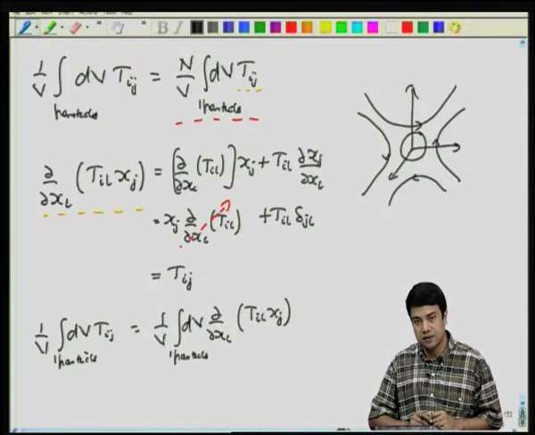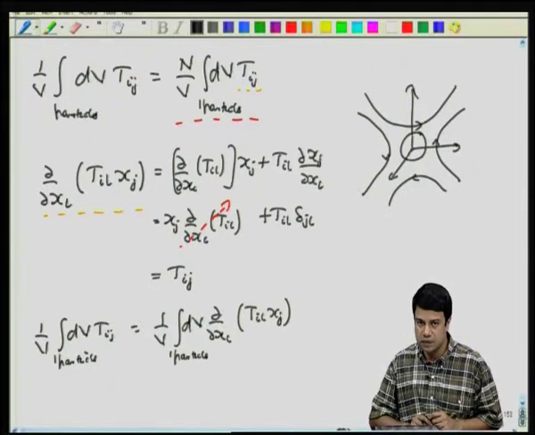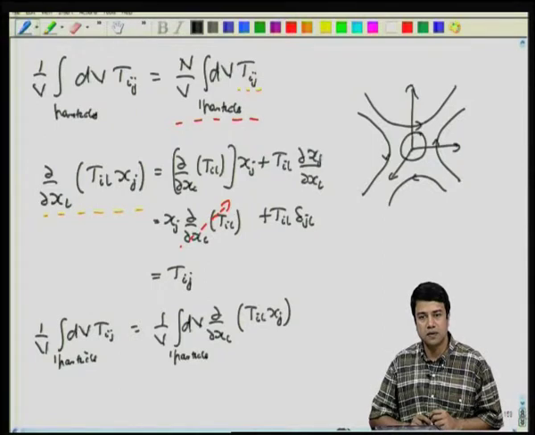Now, this divergence of something integrated over a volume is equal to that dotted with the unit normal integrated over the surface, divergence theorem.